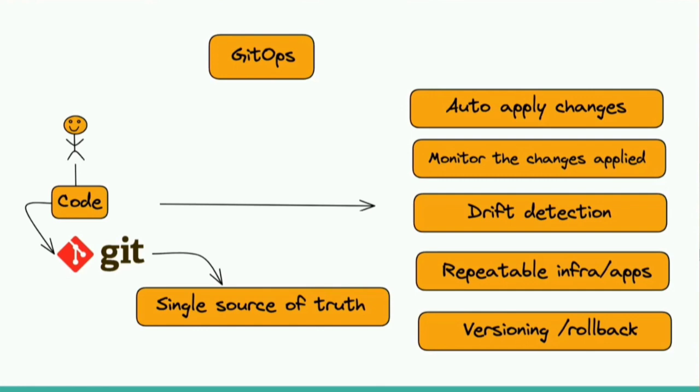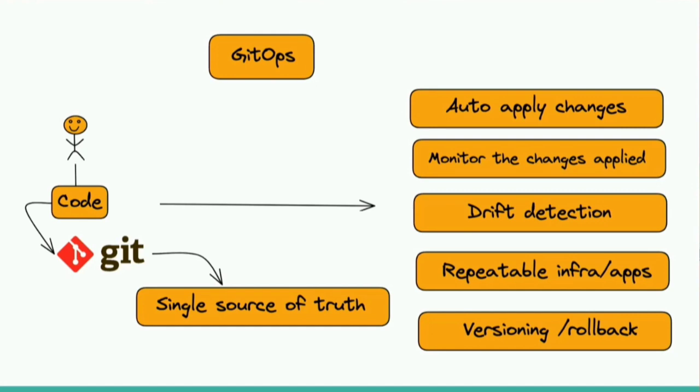Now moving on to repeatable infra and applications. What happens if a developer wants various applications, such as internal development applications? Coming to versioning and rollback, suppose a developer creates an application and wants to add new features to it.